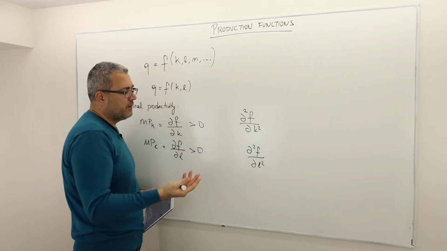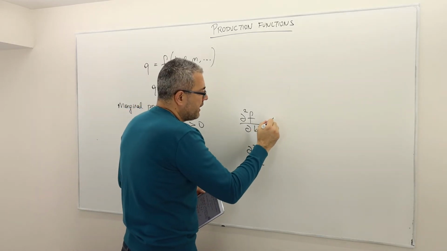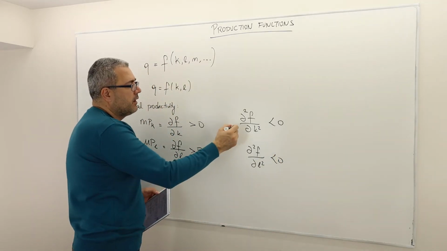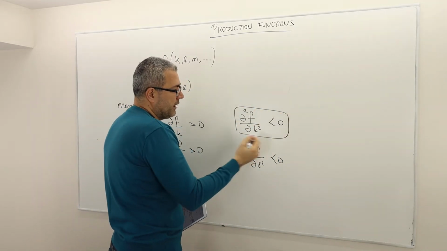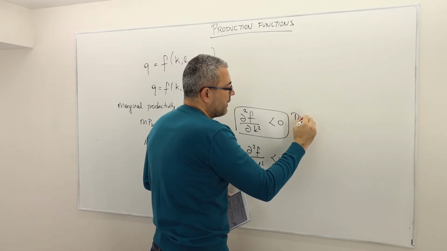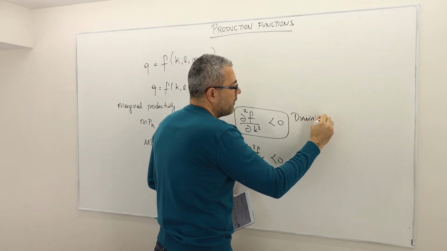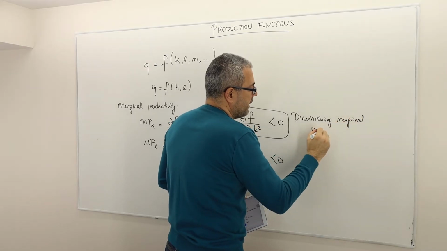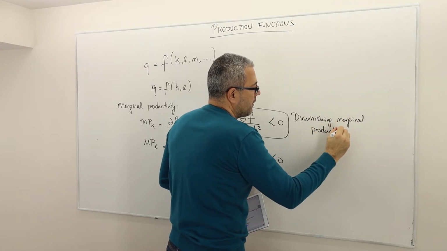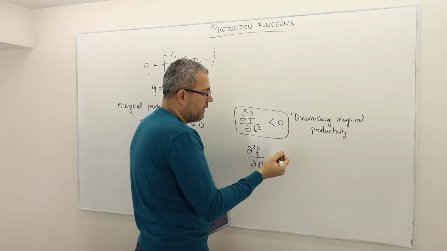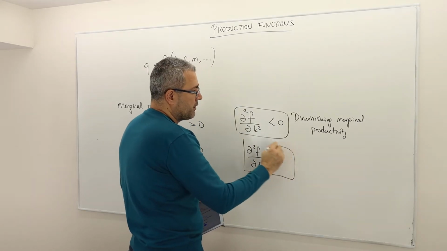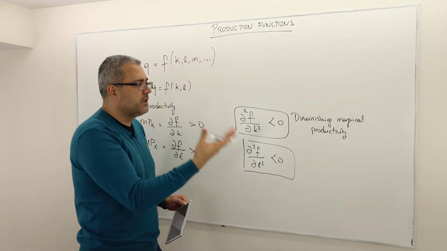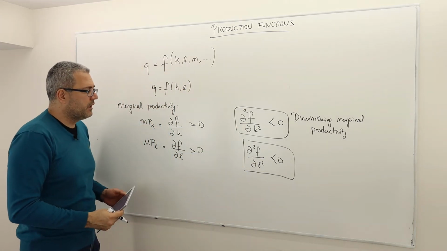Well, is this positive or negative? Well, we usually assume negative for both capital and labor, and this basically implies diminishing marginal productivity with respect to capital, and similarly diminishing marginal productivity with respect to labor. So in general, just diminishing marginal productivity.